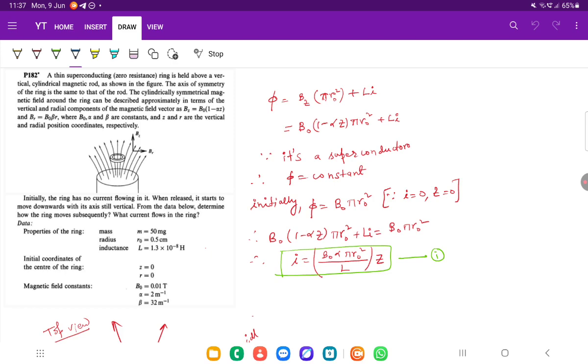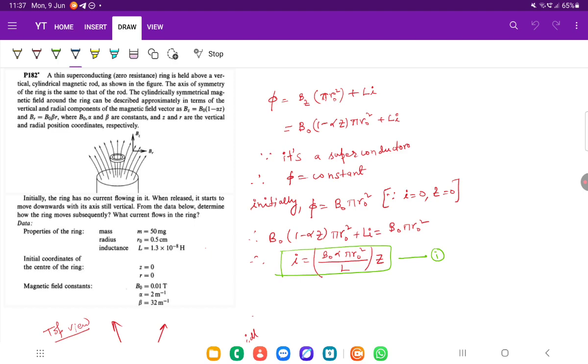Let's start. The problem states that a thin superconducting ring, obviously it will have zero resistance as it is a superconducting material, is held above a vertical cylindrical magnetic rod as shown in the figure. The axis of symmetry of the ring is the same as that of the rod.